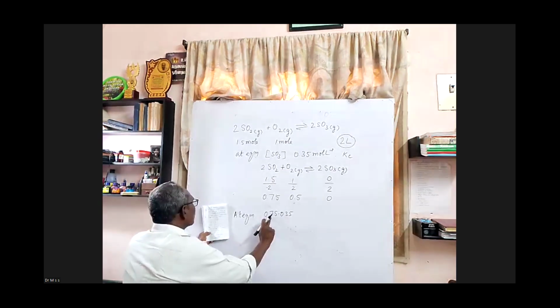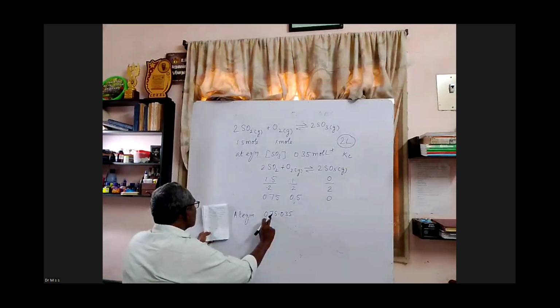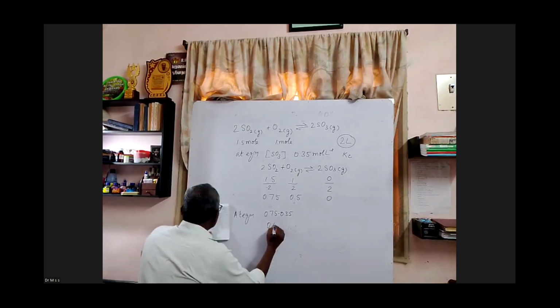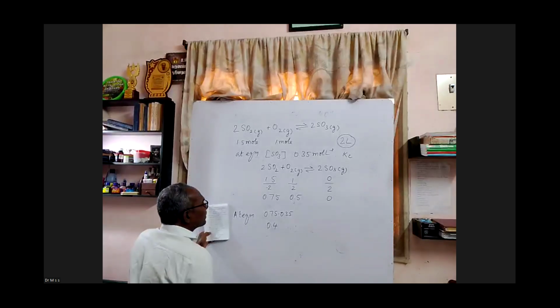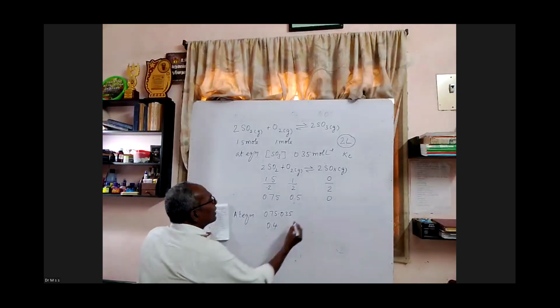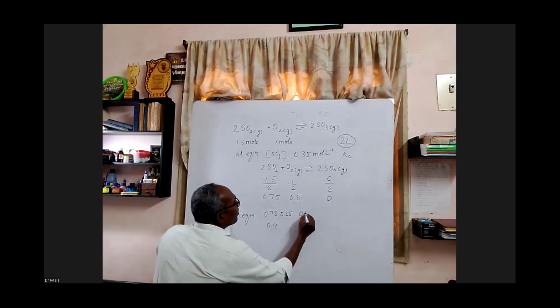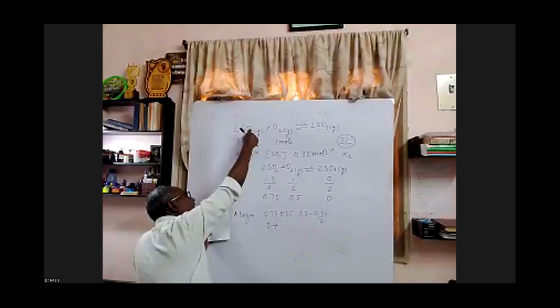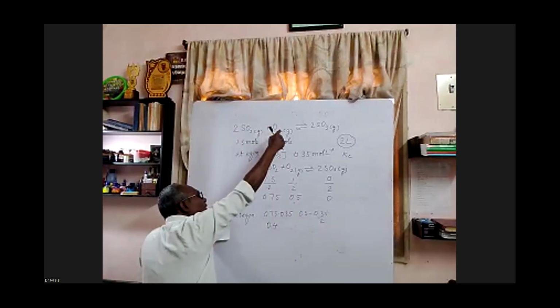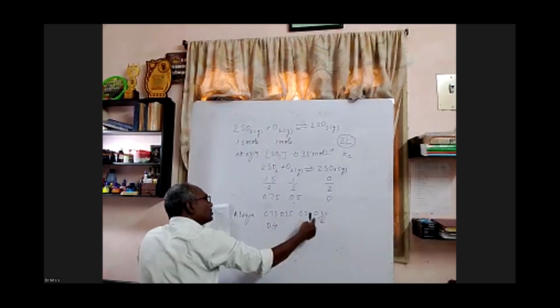So when 2 moles are here, 0.4 mole is remaining. This is 0.5 minus 0.35 by 2. So for 0.35 mole of SO2, half of that is needed. So this much might have been reacted.